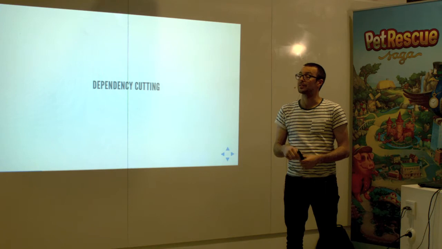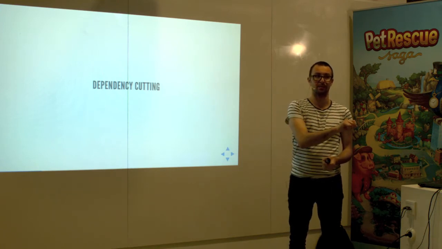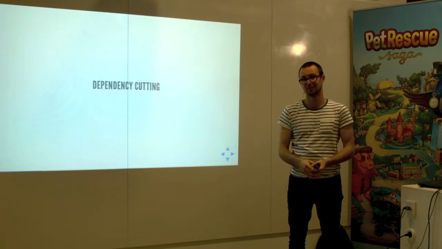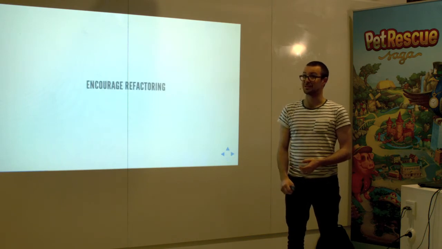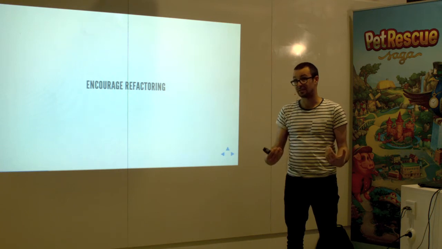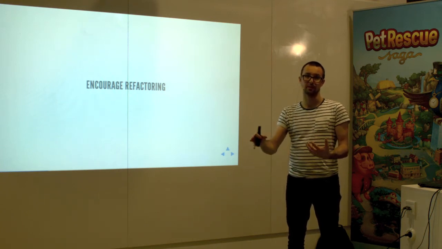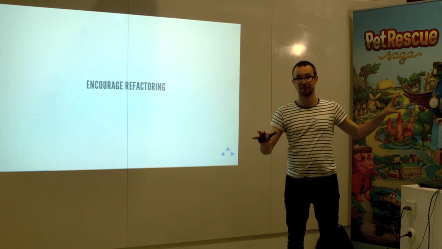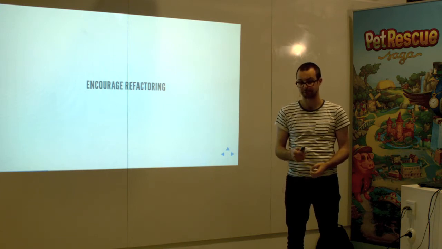We want to make sure that an unrelated change doesn't cause us to recompile something that we didn't expect to recompile. So there's sort of a soft dependency, and we'll see examples of this later. I don't want to lose myself already. And by cutting dependencies, we encourage refactoring. We can change internal details of a header without affecting things including it, unless we absolutely have to.